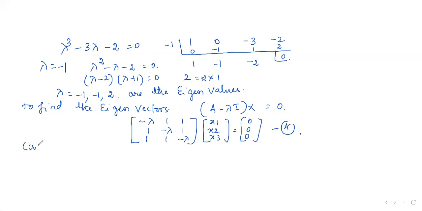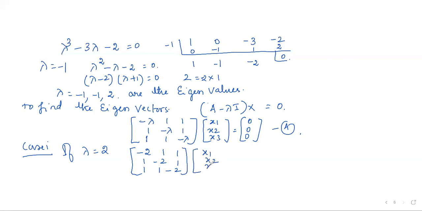In the first case, let us take the different root. So if lambda is equal to 2, then substituting lambda is equal to 2 in the above equation, we'll be getting minus 2, 1, 1, then 1, minus 2, 1, 1, 1, minus 2 on x1, x2, x3 is equal to 0.